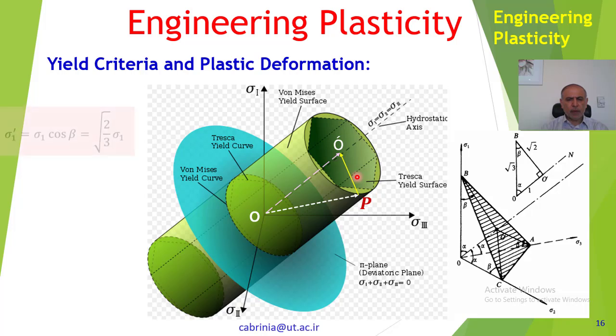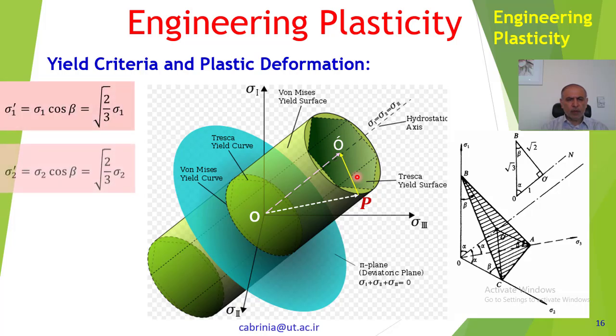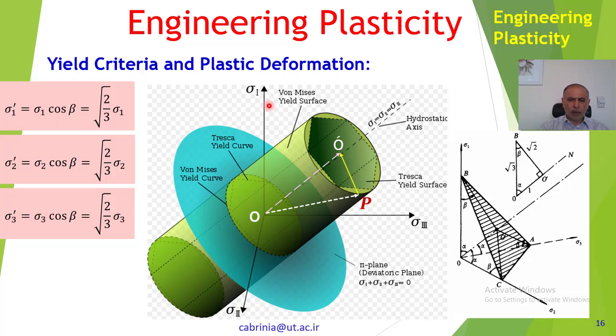If I show O prime P on this pi plane, that would be the deviatoric. O prime P will be some lines parallel to that, like that. So that will show the state of stress at yielding.